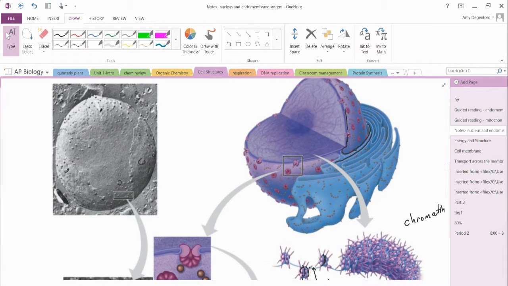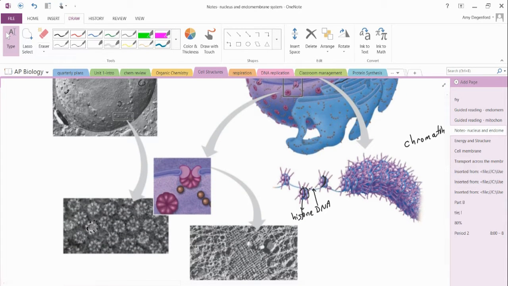Over on the left here, you can see the nuclear pores. These pores are made up of polypeptides. So here's a good example of a big superstructure, a quaternary structure, where polypeptides are assembled together to make this larger structure, these pores that allow RNA to get out and proteins to come in.